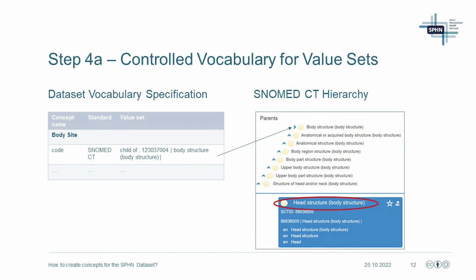So here you can see the value set specification of the body side code. Looking at the SNOMED CT hierarchy on the right side, we see that head structure is actually a descendant of the higher concept body structure in the SNOMED CT hierarchy.